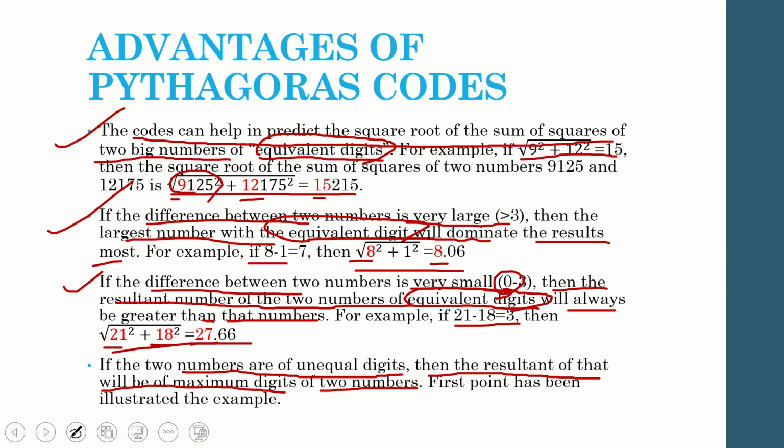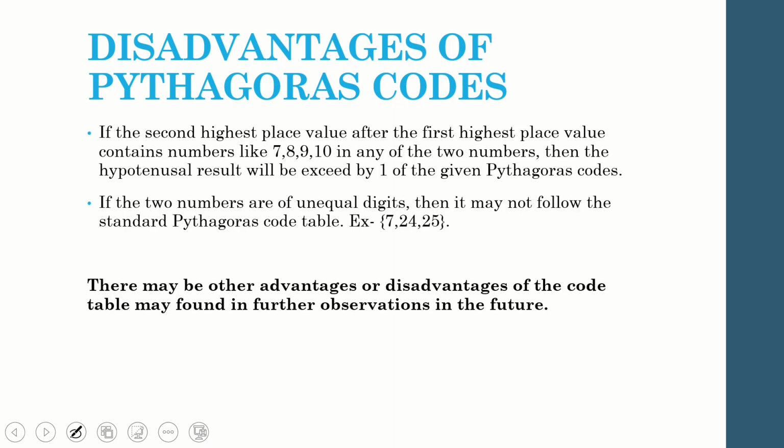So this is the first example. It is 4 digit, it is 5 digit, and the resultant is also 5 digit. The maximum digit number has more priority. So these are the advantages, but we have some disadvantages also.